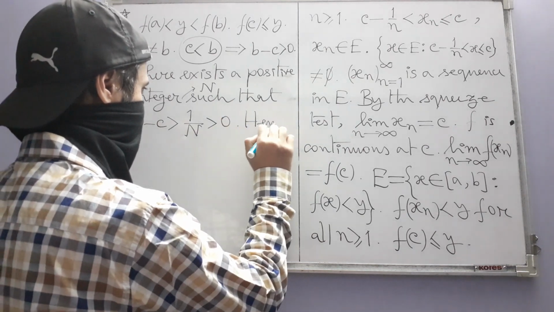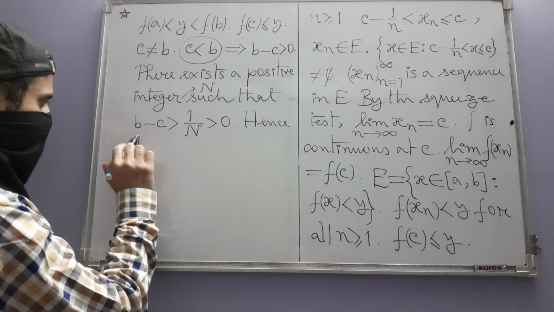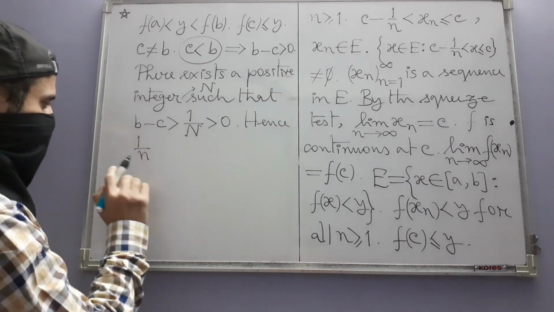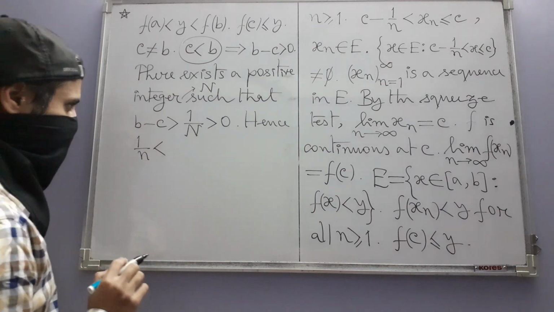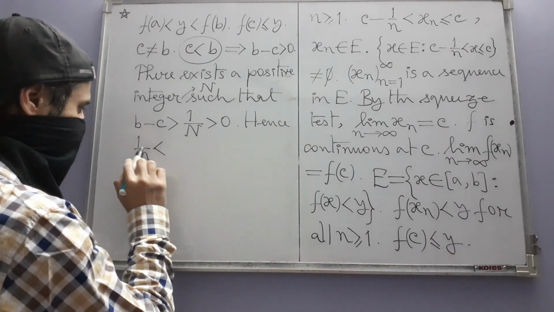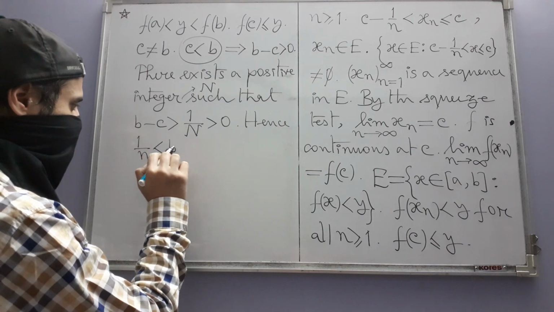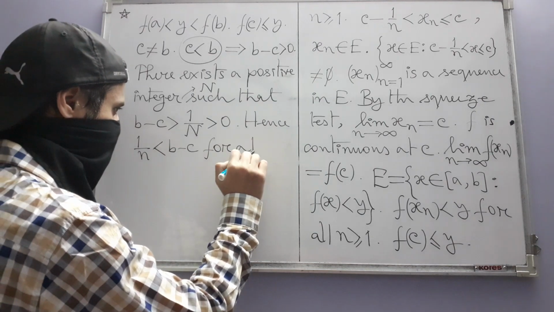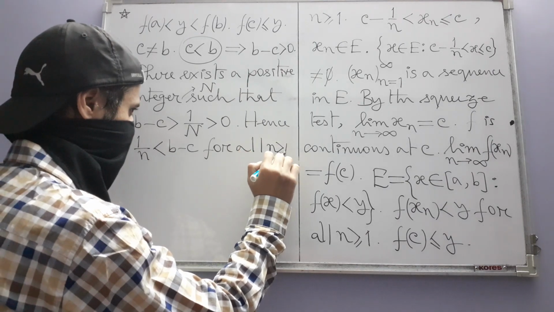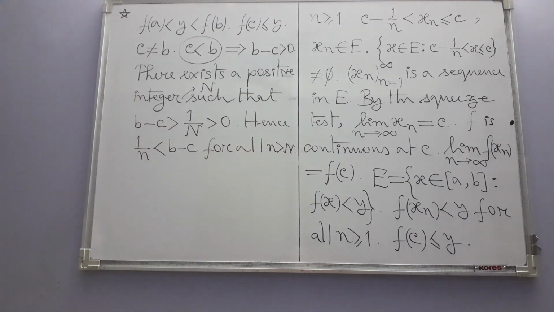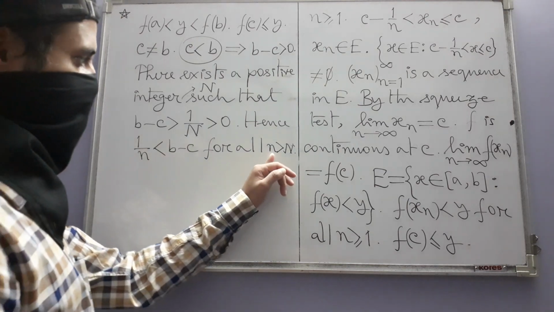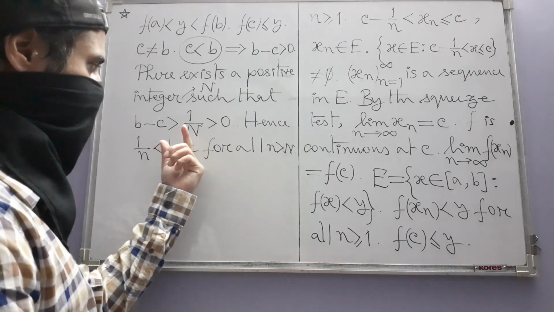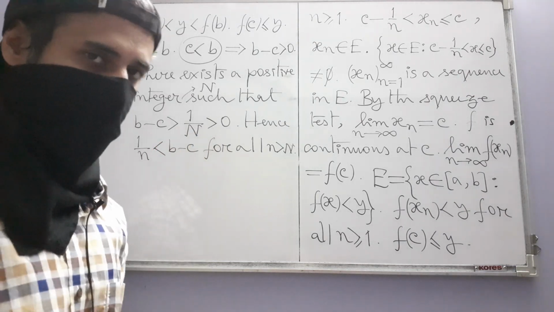Hence, 1 over n, we are writing 1 over n first, so the inequality will change direction, is less than 1 over capital N, which is less than b minus c for all n greater than N. If we consider even larger integers n, then their reciprocals will be even smaller.